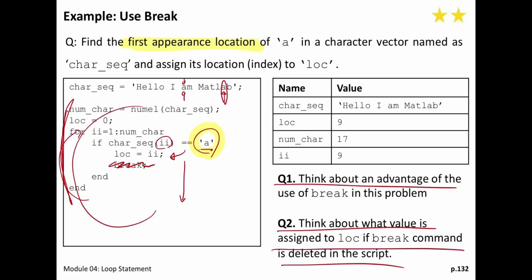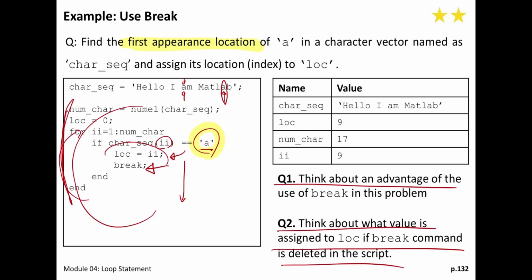What if we run without the break command? You will get the final appearance location of the A. Do you see my point? So you should stop and escape from the loop structure so that we can get the first appearance of the A. That's why we put the break command here.